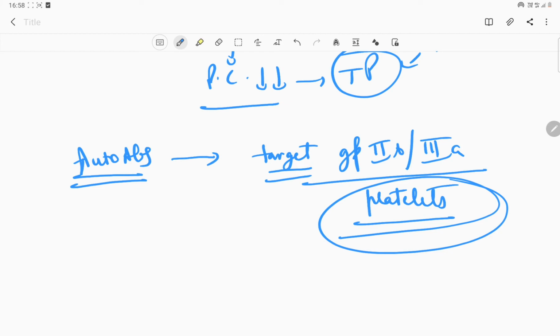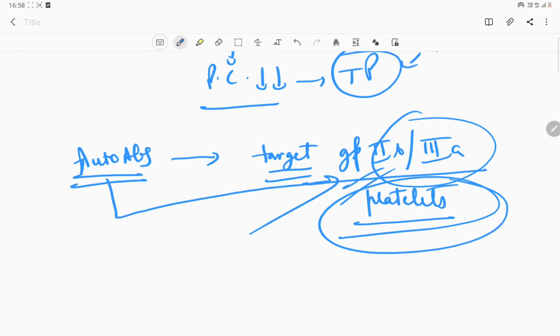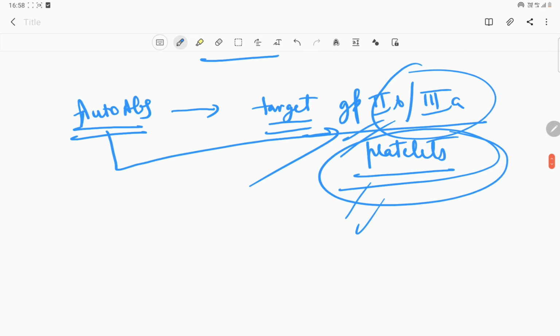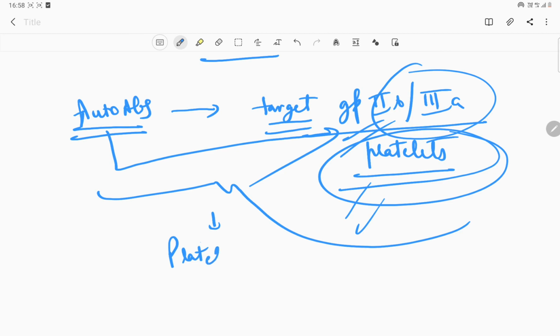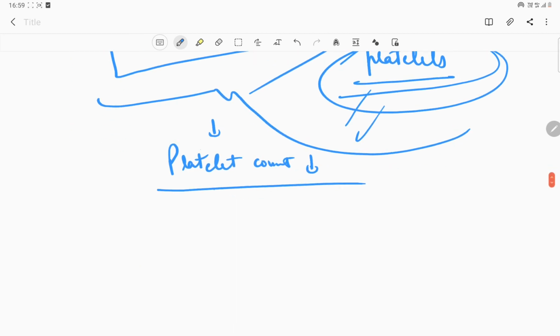There are many platelet glycoproteins. One of them is 2b3A, and these autoantibodies attack these glycoproteins of the platelets. In this way also, the platelets are dysfunctional or are destroyed, and hence the platelet count also decreases due to this mechanism. This leads to the thrombocytopenia.